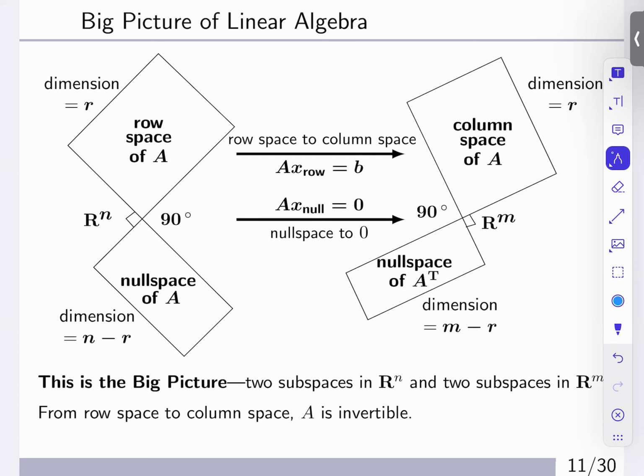Assuming the extension of one spring is equal to the compression of the other spring, the total displacement is going to remain 0. Why? Because one spring extended, the other compressed, but overall the displacement stayed 0. That type of problem is expressed as Ax is equal to 0.